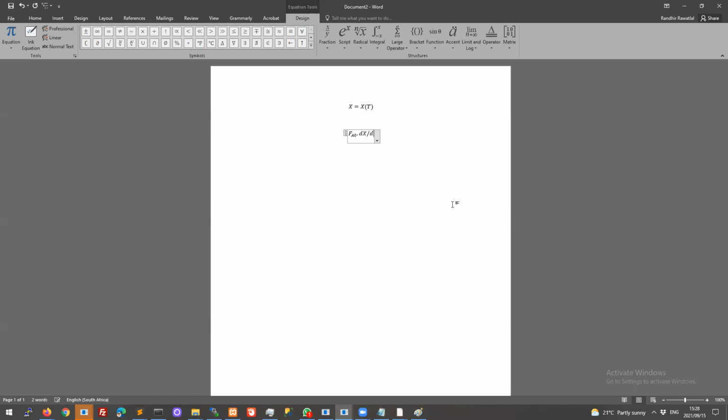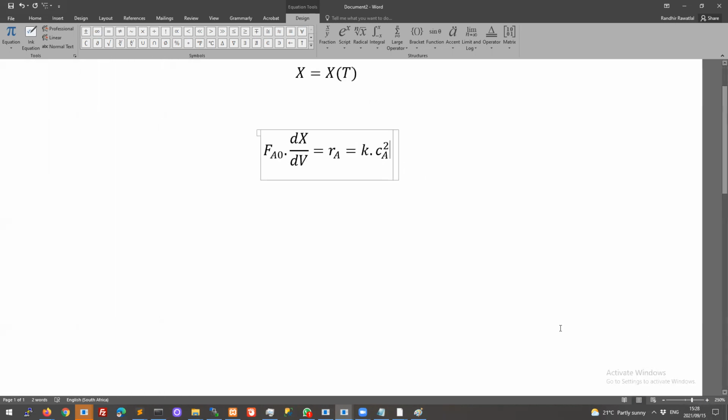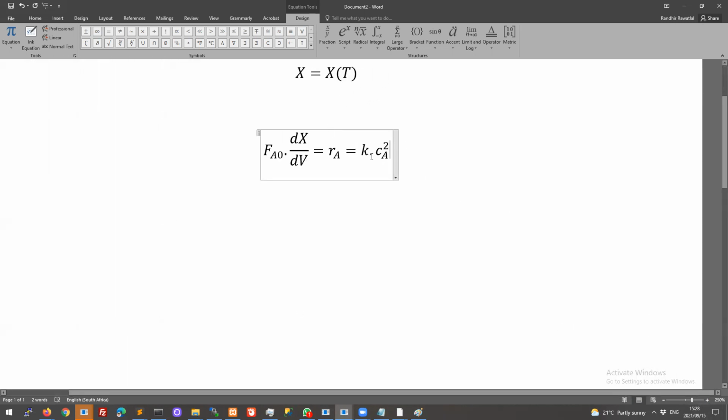dx/dt equals r_A. And r_A, let's say it's a second order reaction, just arbitrarily. So it looks like this. And now you see you have this kinetic rate constant as well.